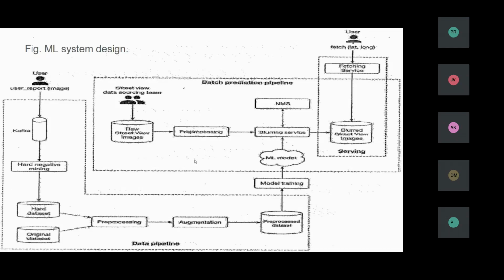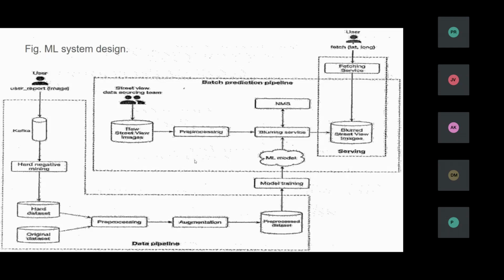Through Kafka, we make use of hard negative mining. Hard negative mining basically means that we are trying to collect all the images that the model failed to recognize and create a dataset out of it. So using hard negative mining, we create a hard dataset.